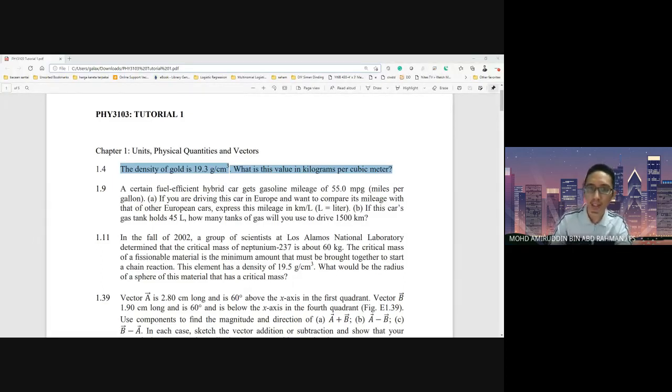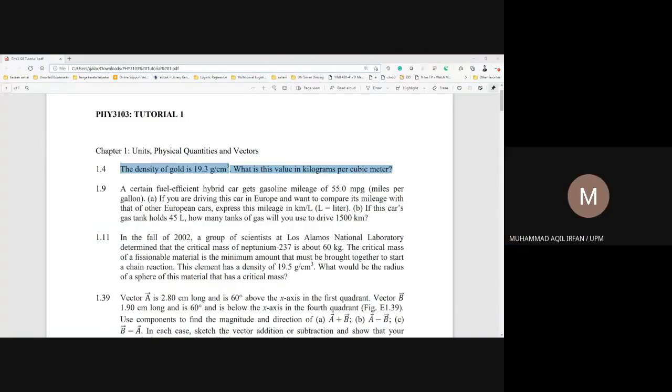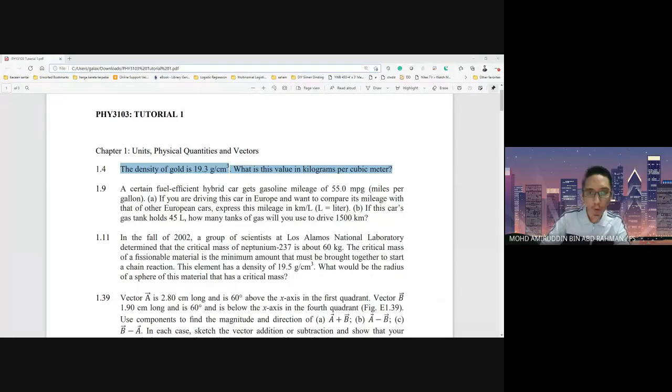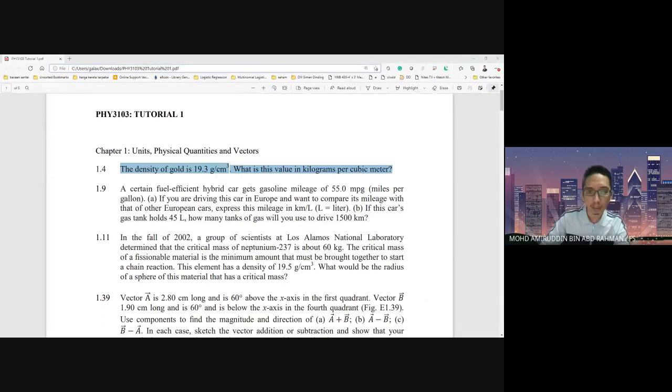So Akil, how to convert gallon to liter? 3.78. Okay, that's correct.